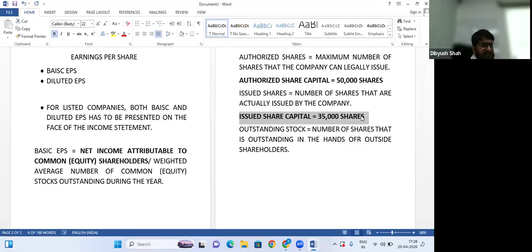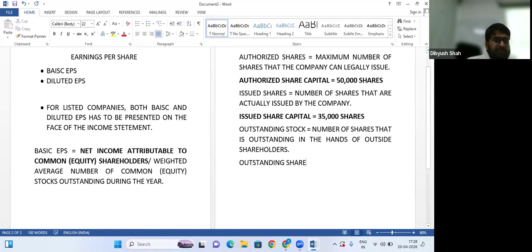Issued shares is the number of shares actually issued by the company. Outstanding stock, on the other hand, is the number of shares outstanding in the hands of outside shareholders. This is the term used in your EPS formula.